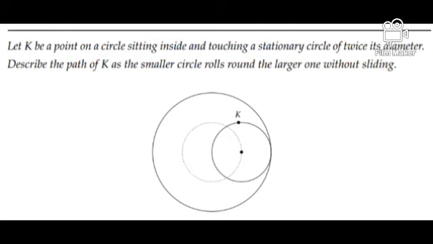In this problem, K is a point on a circle sitting inside and touching a stationary circle of twice the diameter. And the question is for the students to describe the path of point K as the smaller circle rolls around the larger one without sliding.